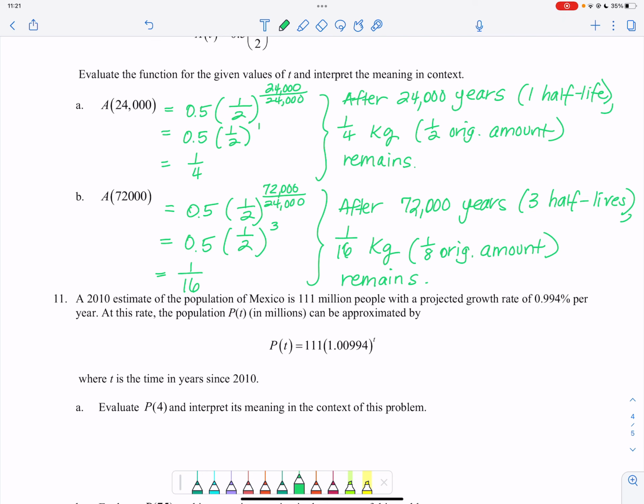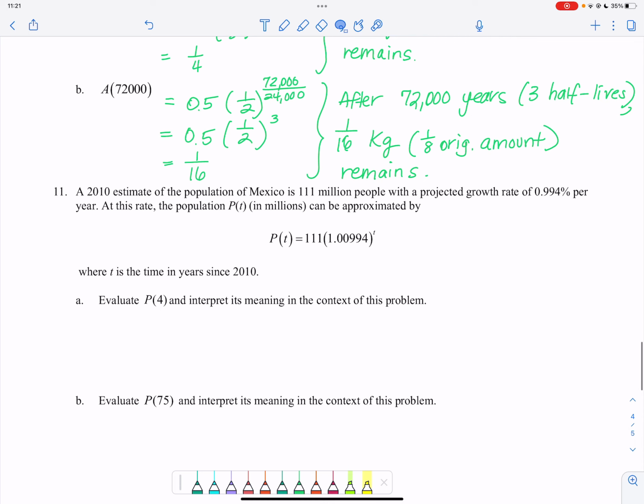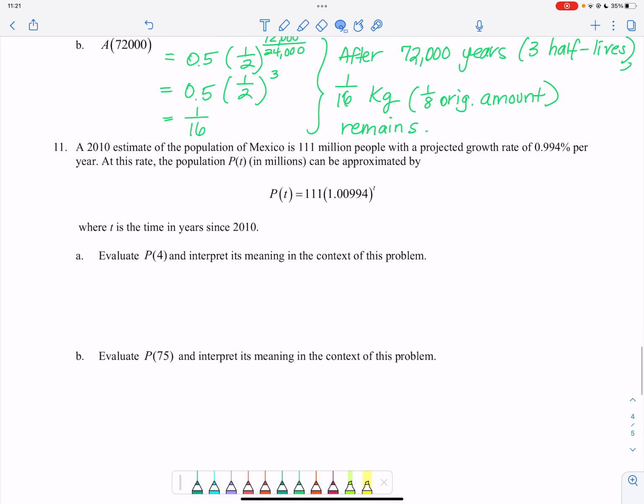And let's try one more problem. A 2010 estimate of the population of Mexico is 111 million people, with a projected growth rate of 0.994% per year.